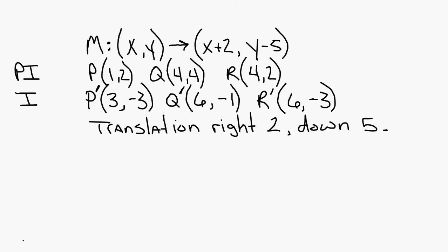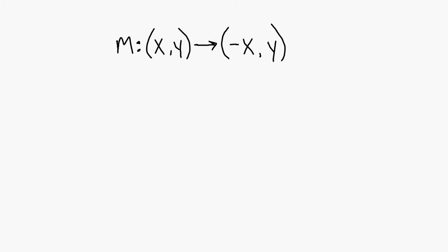Let's apply this rule. For every (x, y), we're going to transform it so that the new x is the original x multiplied by -1, and the new y is the same as the existing y. A is at 1, 1.